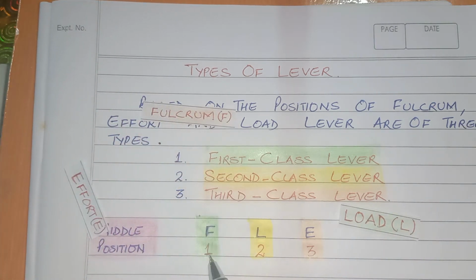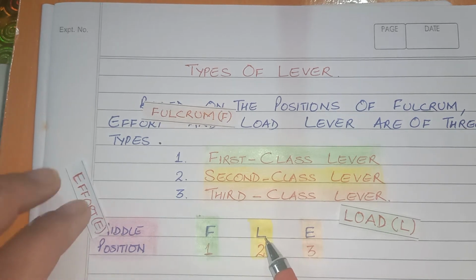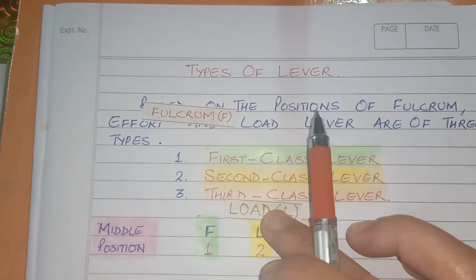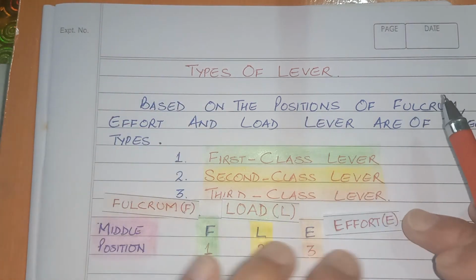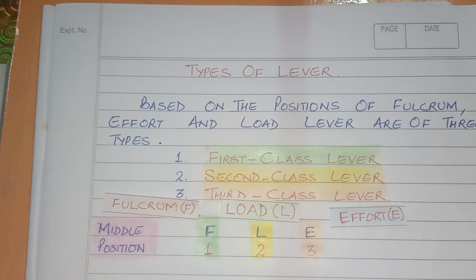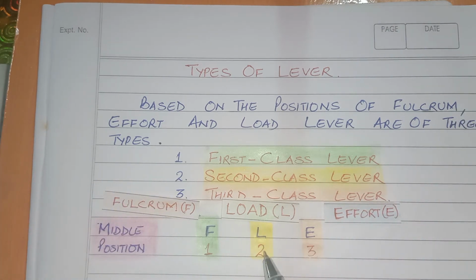So F1, F is at the center. When the load is in the middle and fulcrum and effort are at the two ends, that type of lever is called second class lever, denoted by 2. So L2, this is a second class lever.